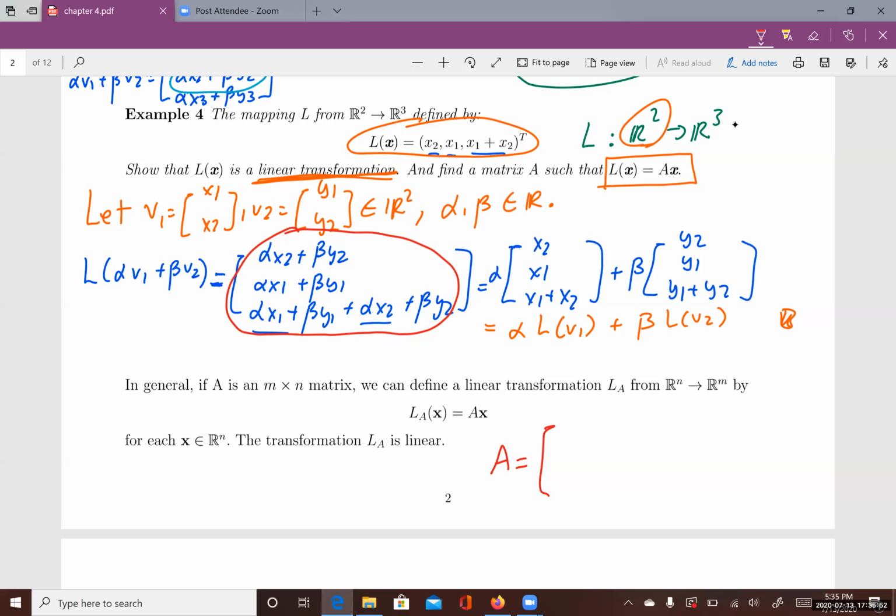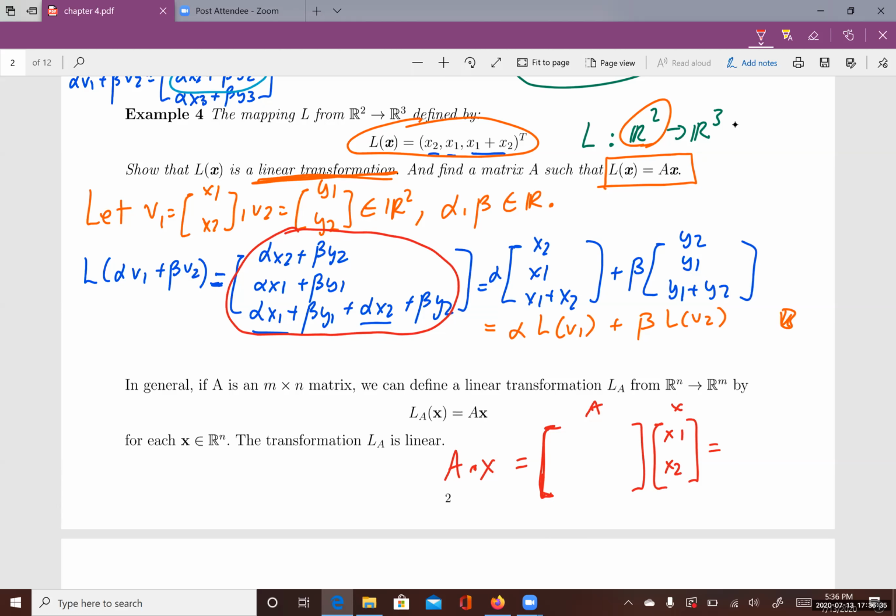So if I multiply A to x, the vector x is from R2, so x1 and x2.